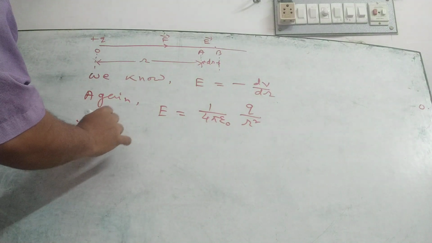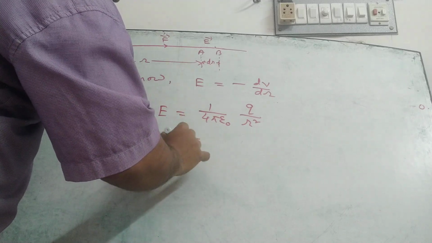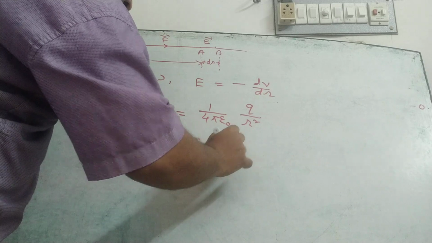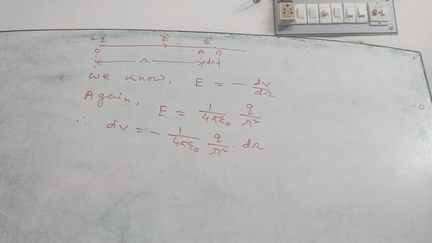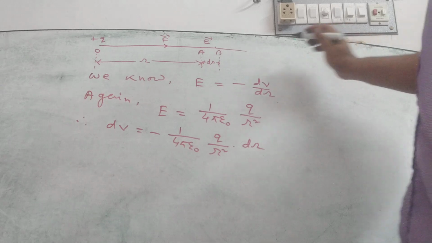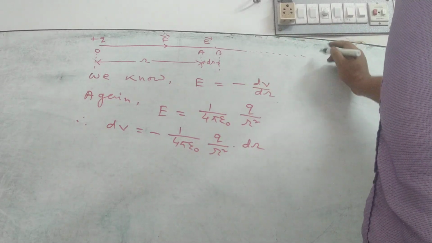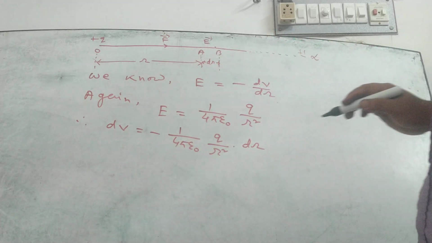Therefore, dV is equal to minus 1 by 4 pi epsilon 0 q by r square into dr. Now, according to the definition of electric potential at a point, we are to bring a positive unit test charge from infinity to the point A.